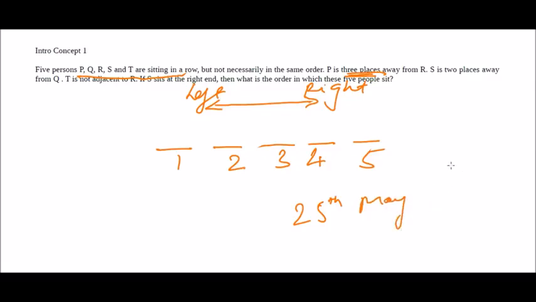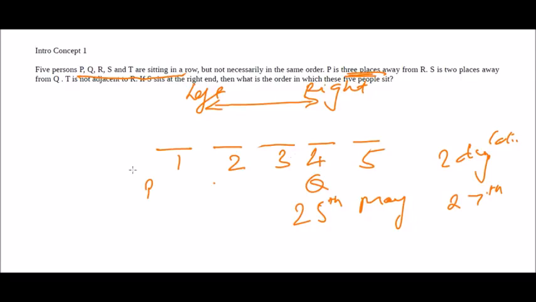If I ask you to meet me 2 days later, when will you come and meet me? You will come and meet me on 27th, right? So if I say P is 3 places away, if P is in 1, 3 places away will be 1, 2, 3. This will be Q.